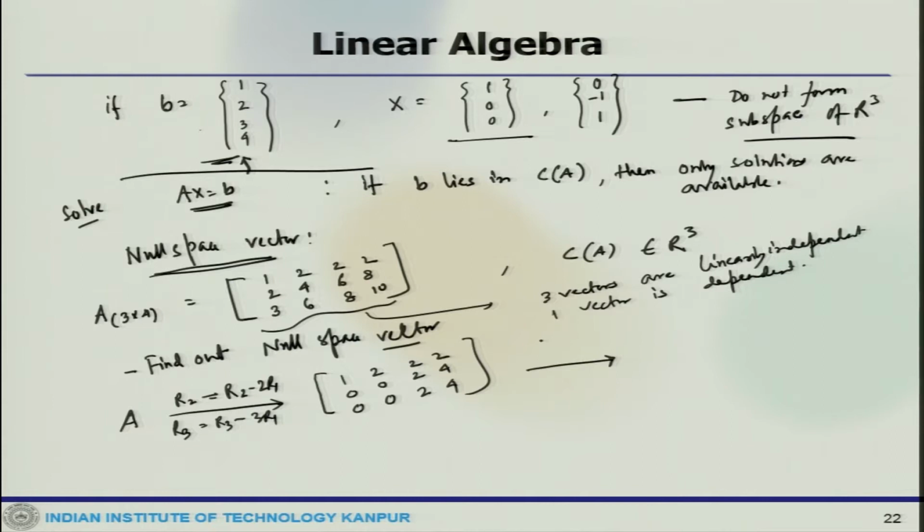The further operation on R3, which is R3 minus R2, gives us 1 2 2 2, 0 0 2 4, 0 0 0 0.